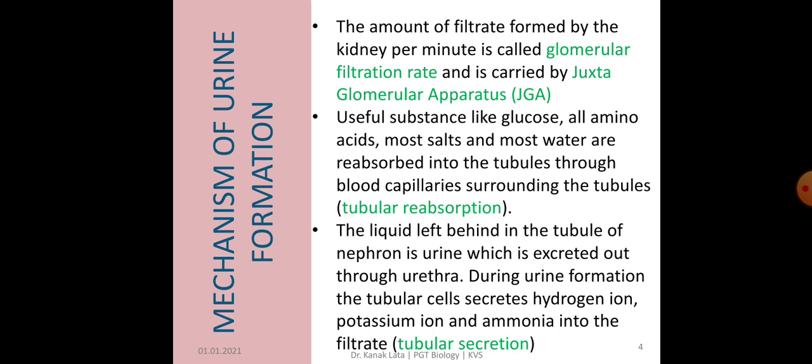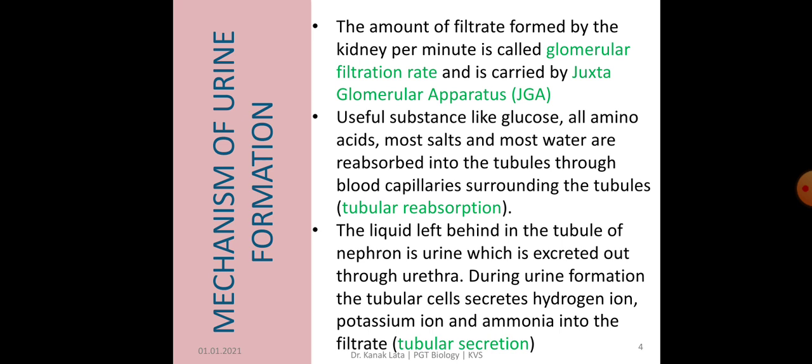During filtration, useful substances like glucose, all amino acids, most salts and most water are reabsorbed by the tubules through the blood capillaries which are surrounding the tubules, and that is why this is called tubular reabsorption.